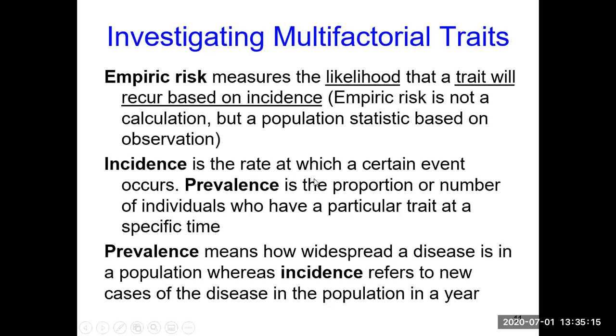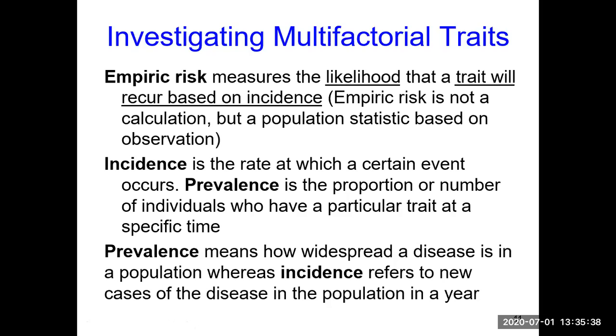Incidence is the rate at which a certain event occurs, while prevalence is the proportion or number of individuals who have that particular trait at a particular time. That means, in simple words, prevalence would mean how widespread a disease is in a population. You can think about COVID-19.